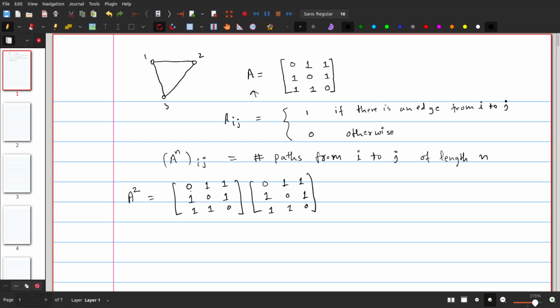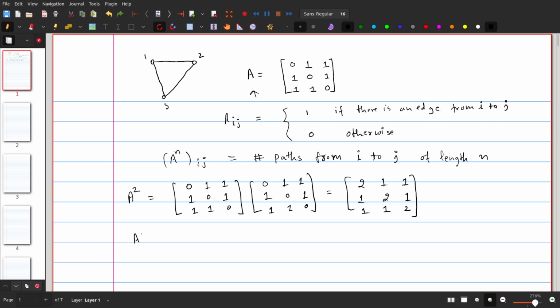This row multiplied with the first column will give 2, then this row multiplied with the second column will give 1, then again 1, then 1, 2, 1, 1, 1 and 2. So this is our second power of A.